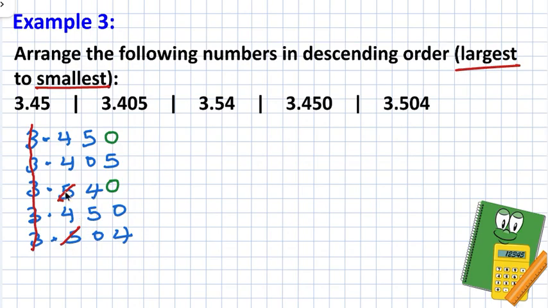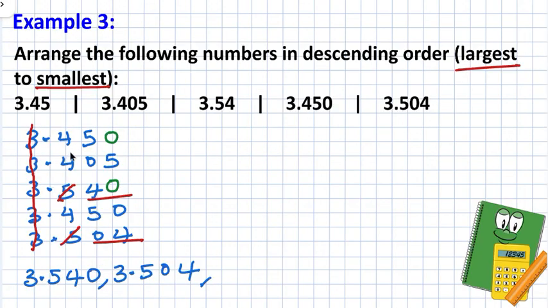We can't compare the 5 and 5 because they are the same. So we move to the next number. So this is 40 and this is 04. Okay, so 40 is bigger than 04, obviously. So we have 3.540 as the biggest. Then the next biggest is 3.504.